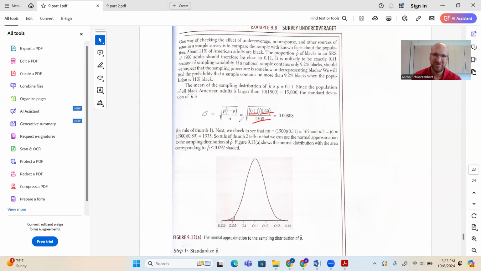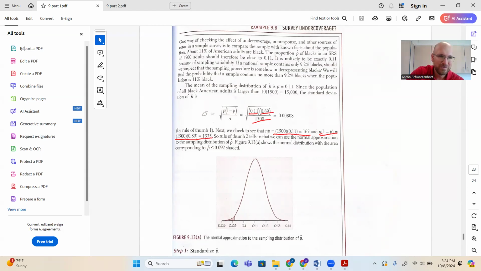We should check that 1,500 is much less than our population of American adults, way less than 10%. So we're good there. 1,500 times 0.11 is 165, and 1,500 times 1 minus P, 0.89, is 1,335. So rule of thumb 1 and 2 both succeed.